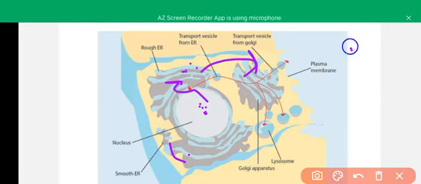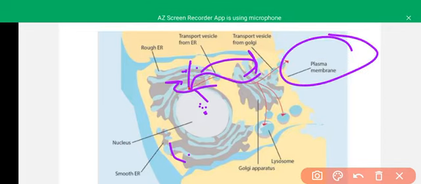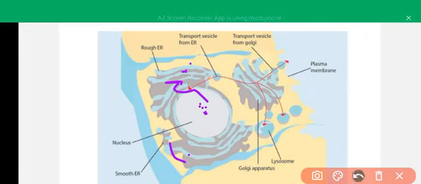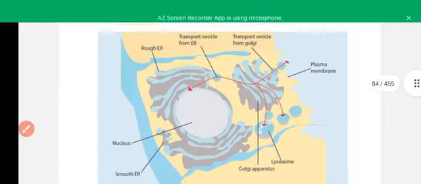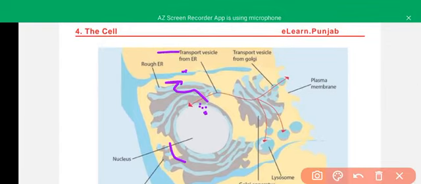These vesicles can go to the plasma membrane, can be used by the cell, or can form lysosomes. Lysosomes are also formed by the Golgi vesicles, and then they may be used inside or outside the cell. From the rough endoplasmic reticulum they are transported to the transport vesicle, and the transport vesicles reach the Golgi apparatus, and here the transport vesicles may be used inside or outside of the cells.